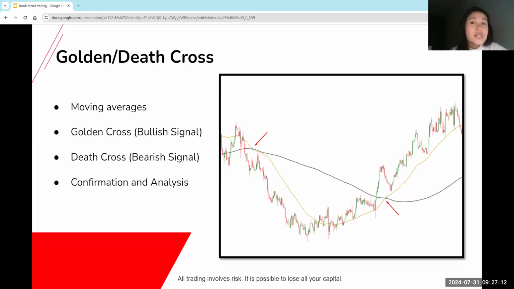So it's similar to what we talked about in our previous slide about the price and MA cross, just with different terms. Your death cross refers to the opposite scenario, where the shorter term moving average crosses below your longer term moving average, indicating a bearish trend reversal.